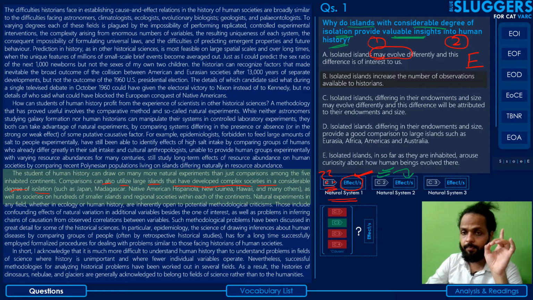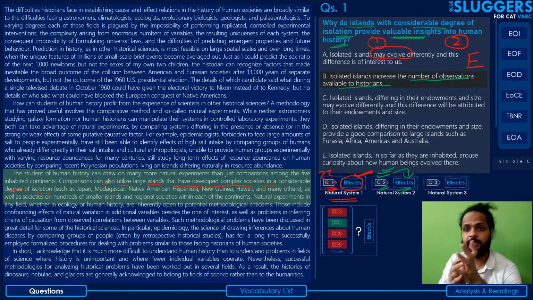So both the different evolution and the different causative factors that cause that need to be part of the option. That's where the insight lies so far as these islands are concerned. This option says that they increase the number of observations available to historians, but nowhere has the author talked about how the number of observations was a problem and needs to be increased.